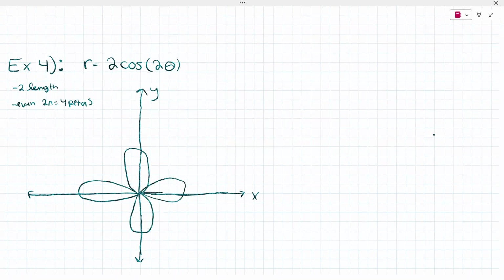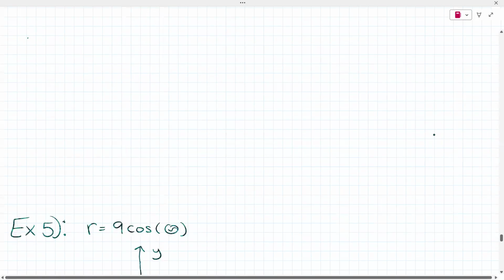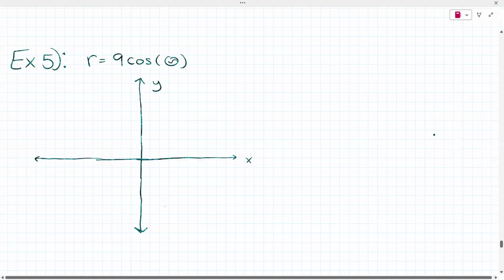So yeah, this length is 2, this length is 2, etc. Okay, move on to example 5.